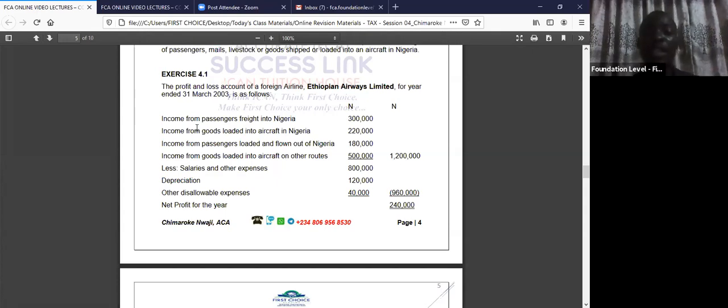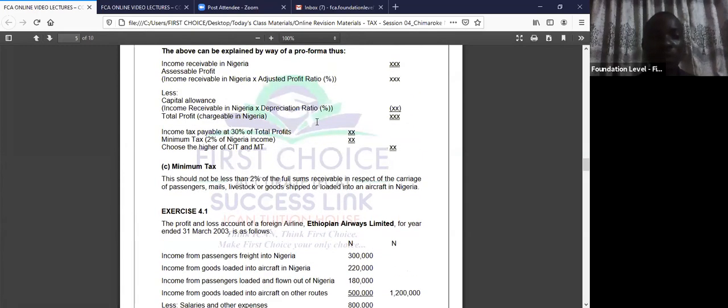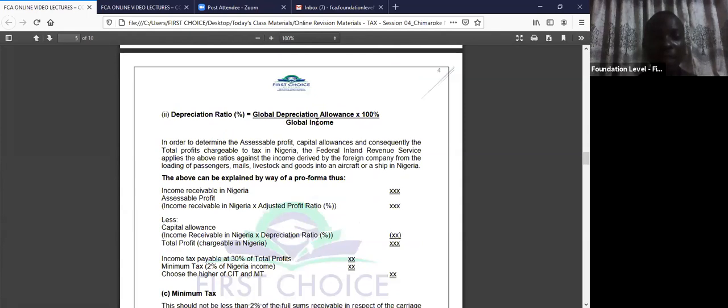Now, once you know there's specialized business, they will be telling you one of two things. They may be telling you that the FIRS is satisfied with the way the Ethiopian country is handling their tax system. Now, when they are satisfied, that is when method 1 is very useful.